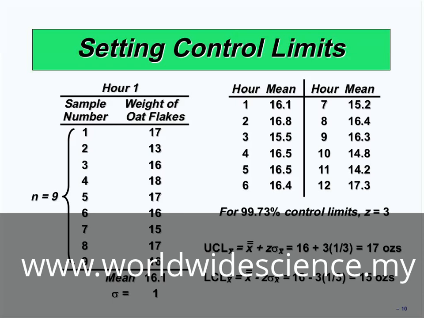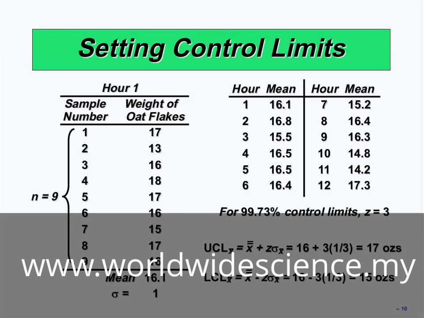Half an hour later, in hour 2, the operation manager does the same. But because of the lack of enough space, we don't write the weights selected for hour 2 and hour 3. We just write the mean of them on the table on the right. In hour 1, we calculated the mean for 9 cups, 16.5.